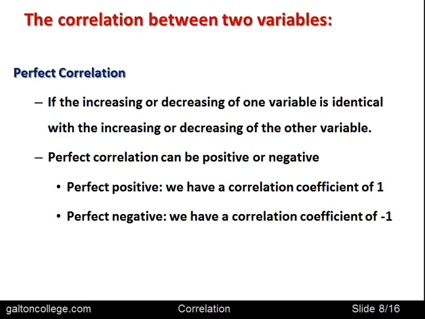Or if one set starts to double and the other set starts to halve, there is a perfect negative relationship. If one set is increasing and the other is decreasing following the same rule, then it is a perfect negative relationship.